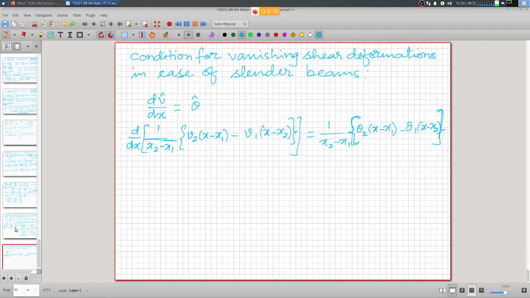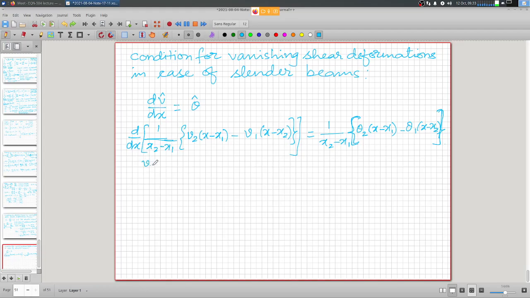So let's carry out this derivative. This is a first order derivative, and we have only linear terms here, x here, x here. So that would be just, as you can imagine, a linear interpolation between v1 and v2. So the derivative is going to be a simple finite difference.